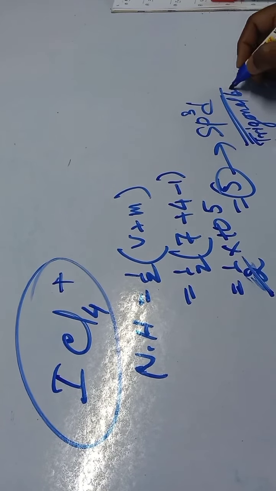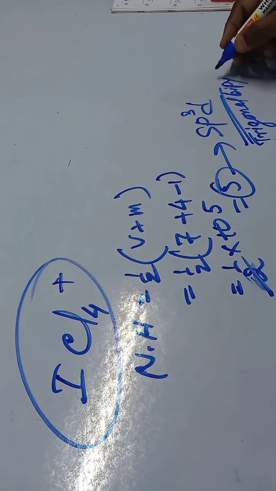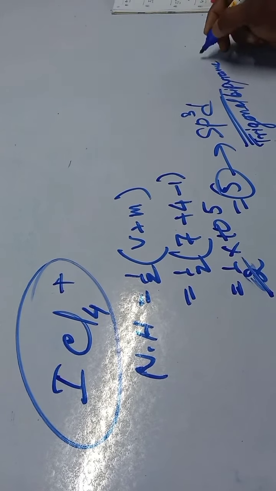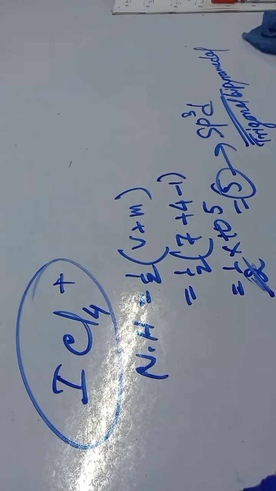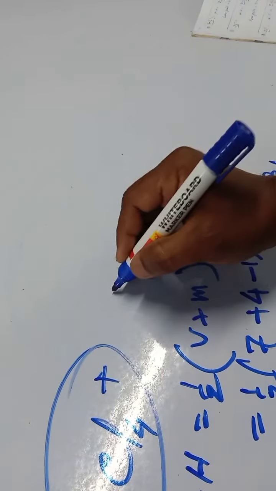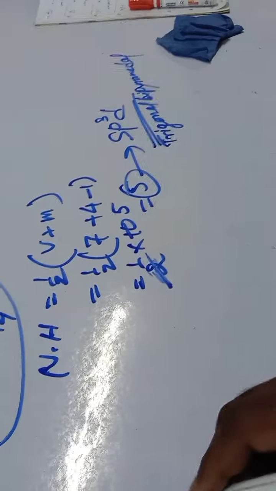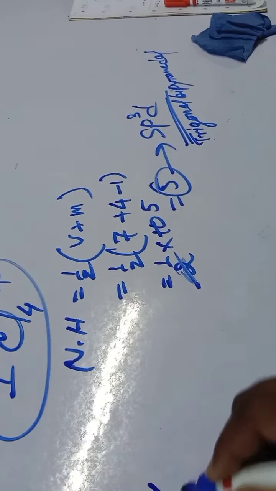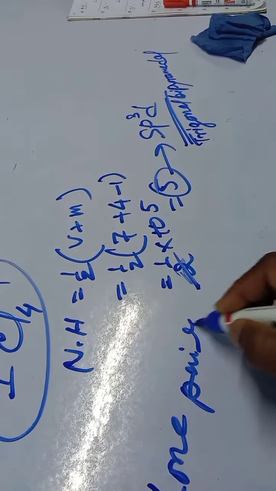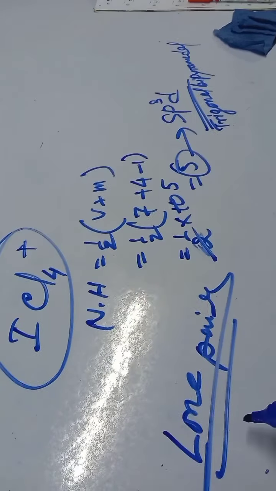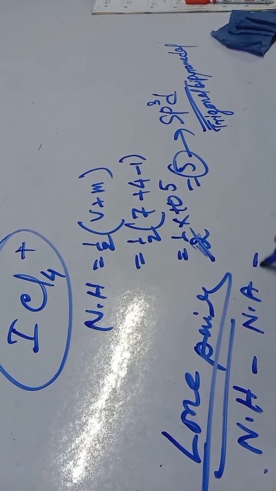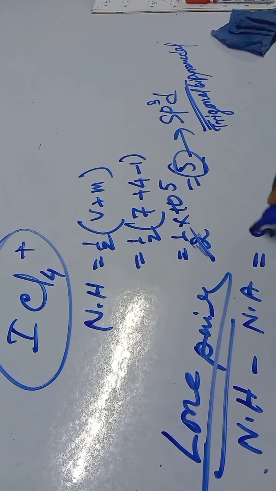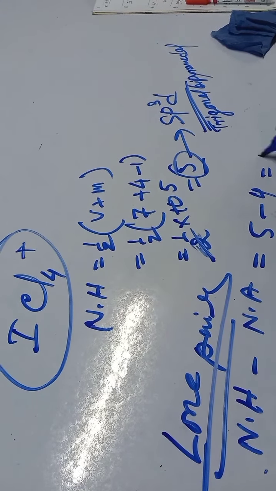The geometrical shape is trigonal bipyramidal. Okay, the number of lone pair is N minus Na, that is N means 5, Na means 4, 5 minus 4 equal to 1.